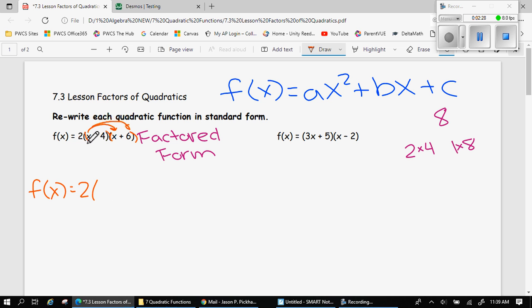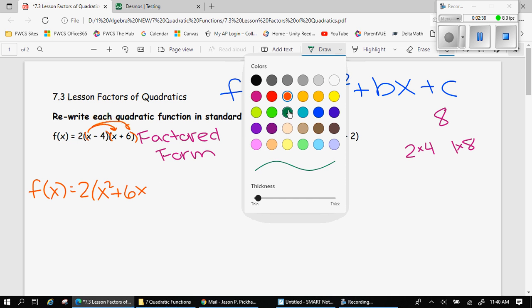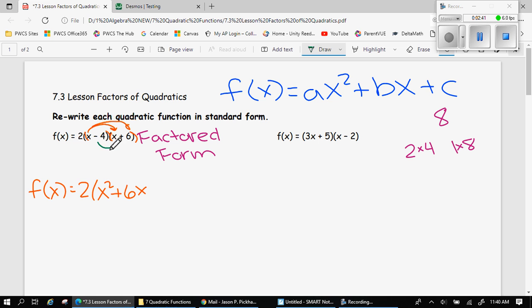And I'll keep parentheses. So x times x becomes x squared. X times positive 6 becomes plus 6x. Then I'm going to multiply this minus 4 by everything over here. This is the distributive property. Minus 4 times x is minus 4x. Minus 4 times positive 6 is negative 24. If you struggle with positive and negatives, you know what I'm going to tell you. Use Desmos.